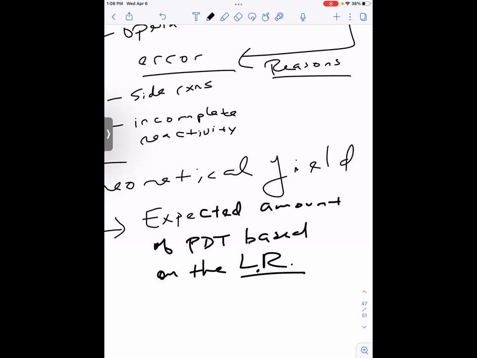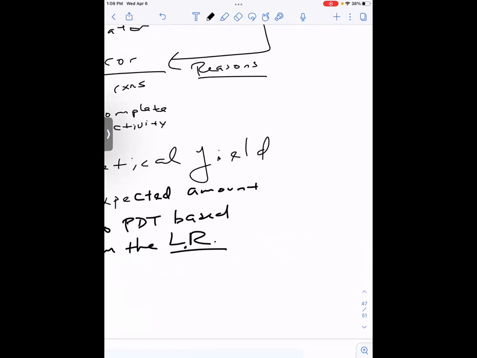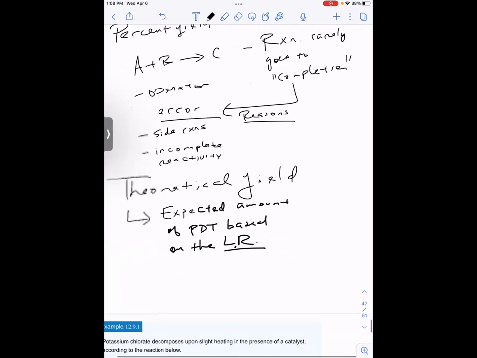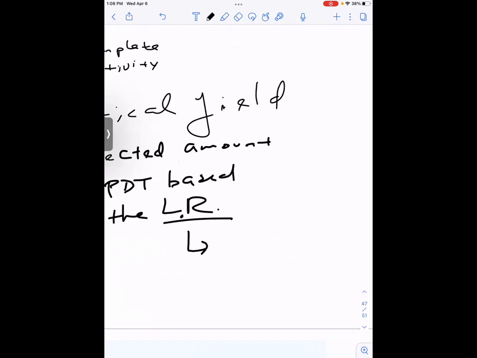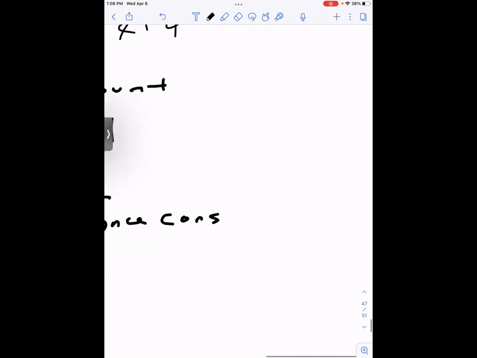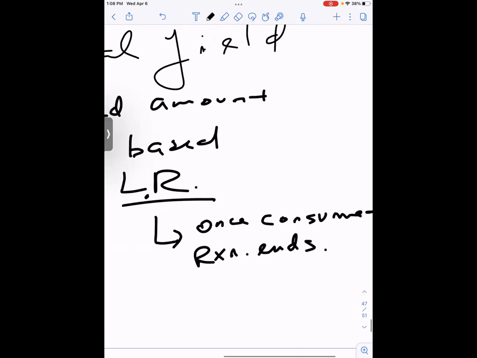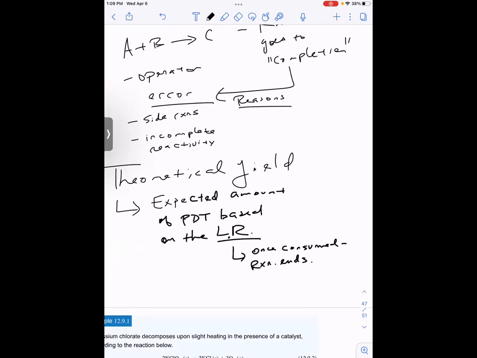It's the expected amount of product based on the limiting reactant. So we know that the limiting reactant is going to control the yield, because remember, with the limiting reactant, once it's gone, the reaction stops. We know that once the limiting reactant gets consumed, the reaction is over. There's no further reactivity. So your theoretical yield is always going to be based on your limiting reactant.